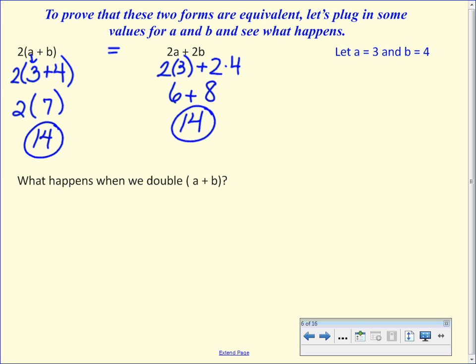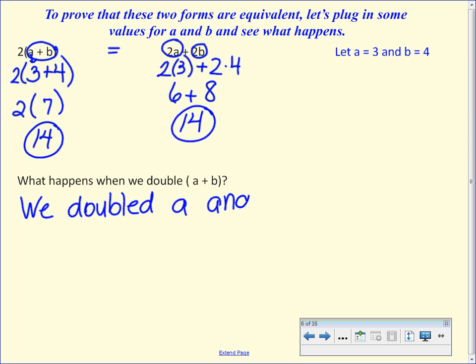So what happens when we doubled A plus B? We had A plus B here, and we doubled it. What did we get? We doubled A, and we doubled B. So both parts of that expression were doubled.